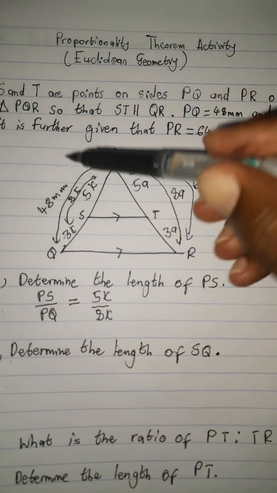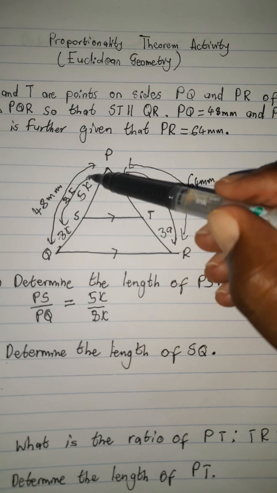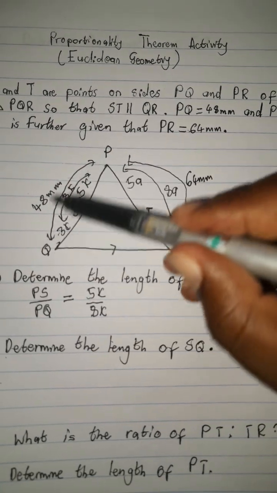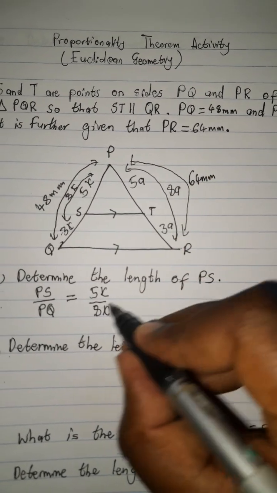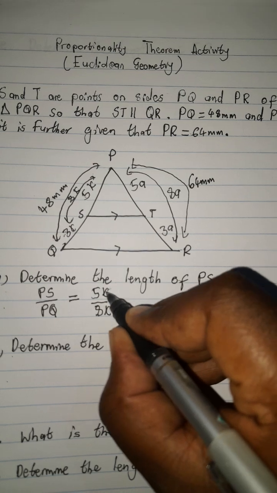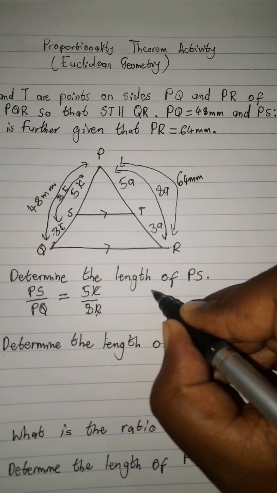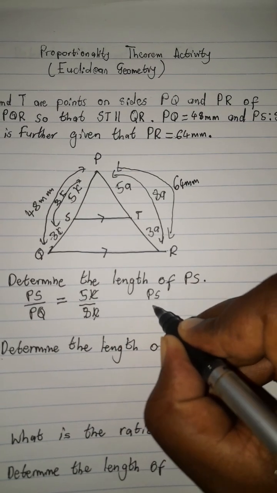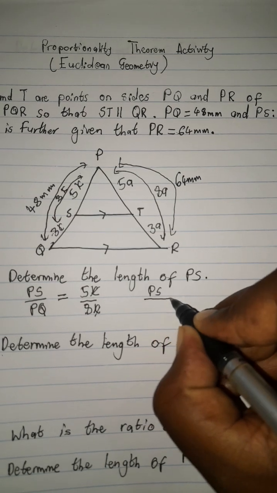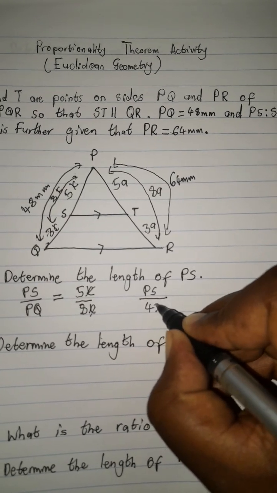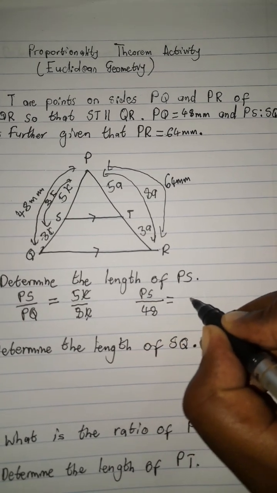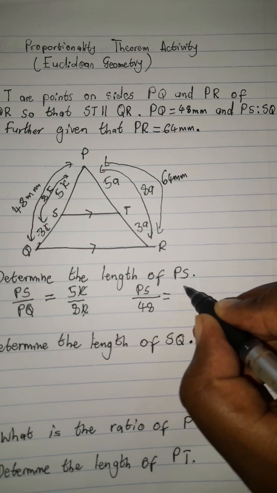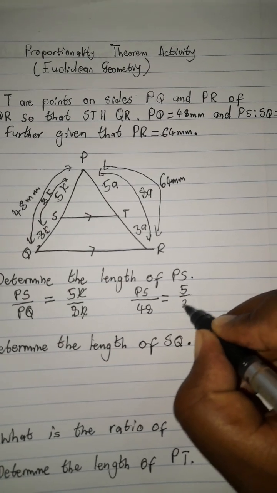That's why, guys, I insisted that you must add to get the ratio of PQ, which is 8K. So from here, we could see that the Ks cancel. PS is unknown, but PQ is given as 48.